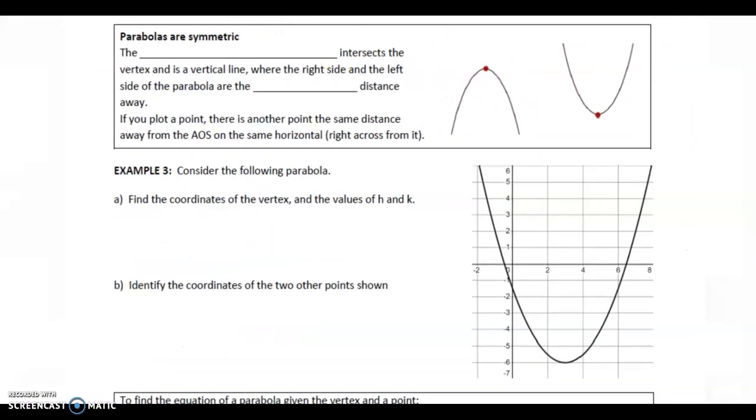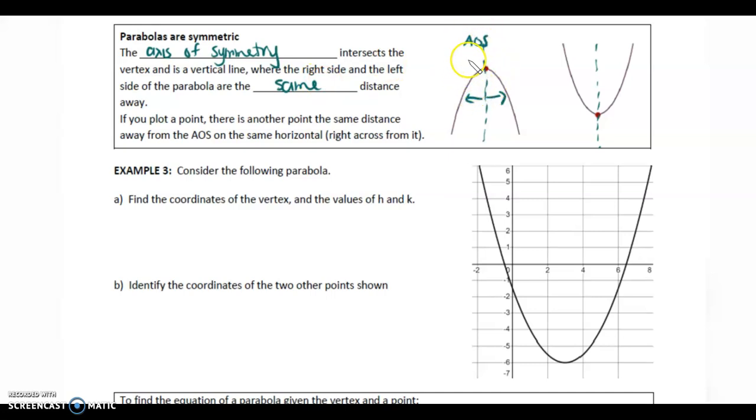Okay, so parabolas are symmetric. So the axis of symmetry, which we just saw in the last 2 examples, intersects the vertex and is a vertical line. So it looks like this. It's a pretend vertical line though. That's why we do dotted. Where the right side and the left side of the parabola are the same distance away from that axis of symmetry.